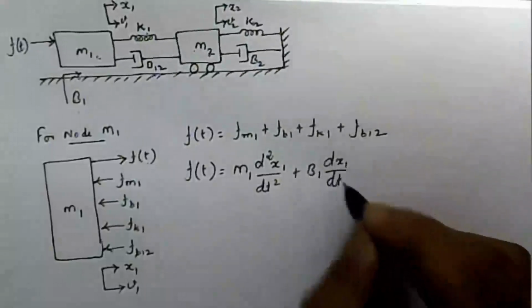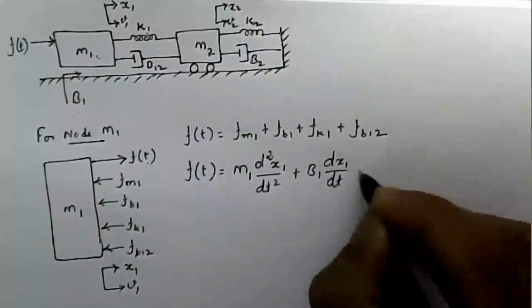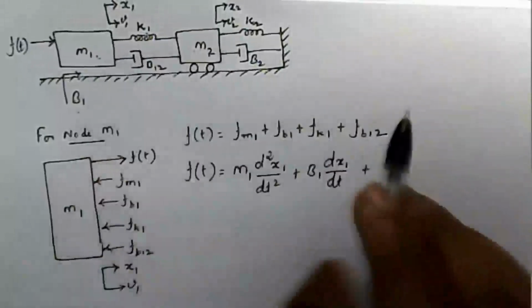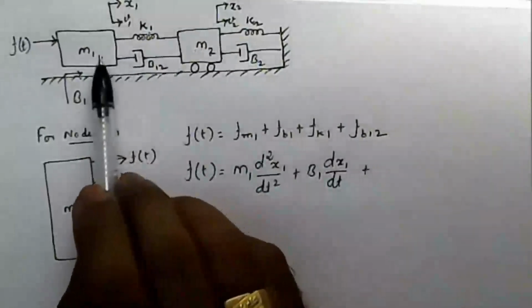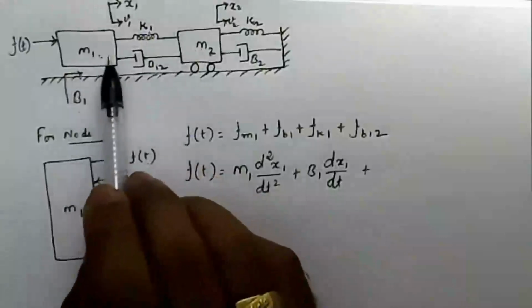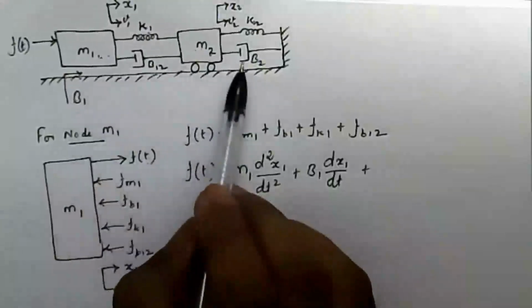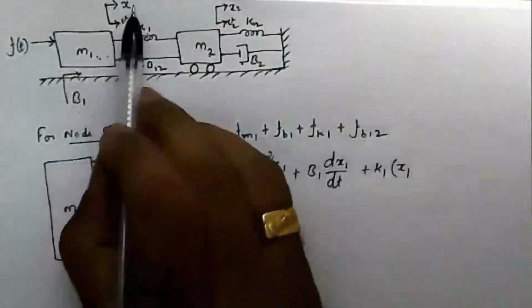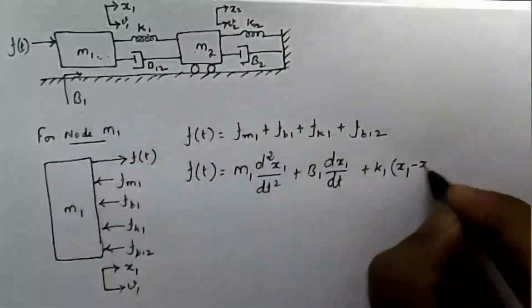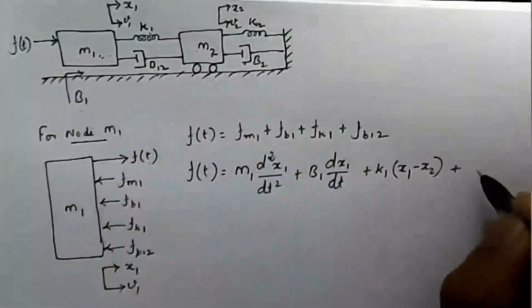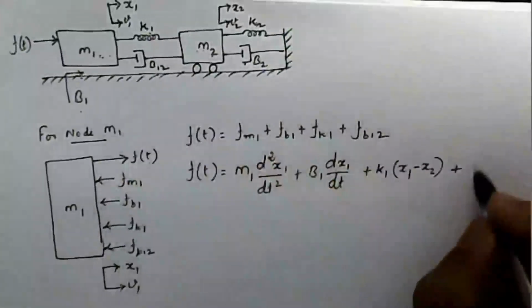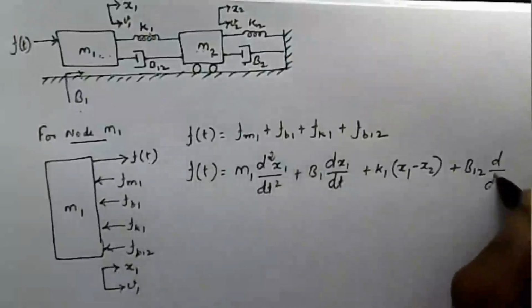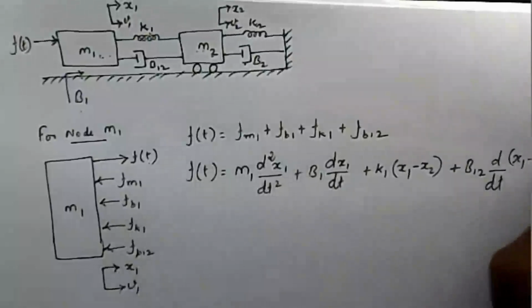Velocity is the first order differential, dx1 divided by dt, plus the spring element. The spring element is the common element for these two nodes, so the displacement is the current node displacement minus the other node displacement: K1 into x1 minus x2, plus B12. B12 is also a common element: d by dt of x1 minus x2.